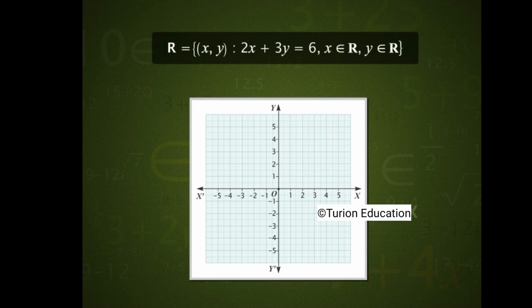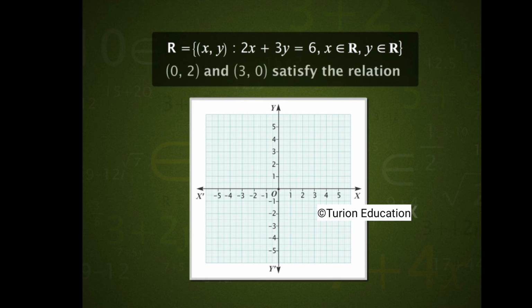For example, in the case of this given relation, which is a linear relation between x and y, the graph could be sketched by plotting 2 points satisfying the given relation. Let's take 2 points satisfying the relation. Say the points are (0, 2) and (3, 0). Plot them on the plane and then join the line.